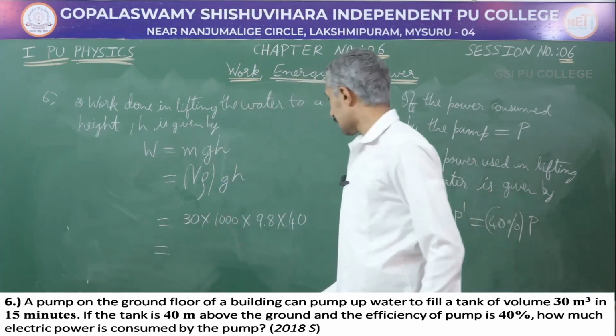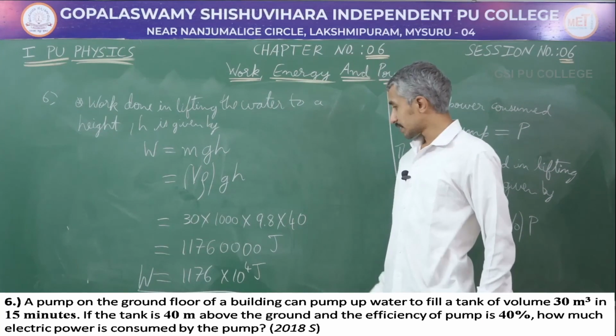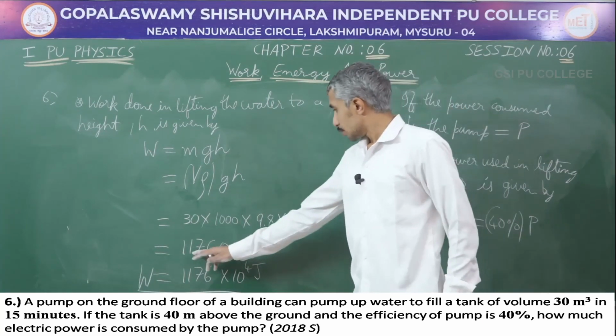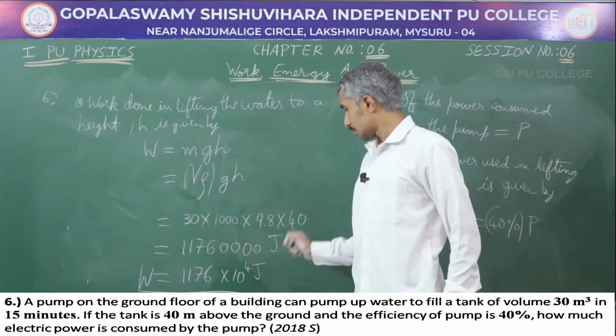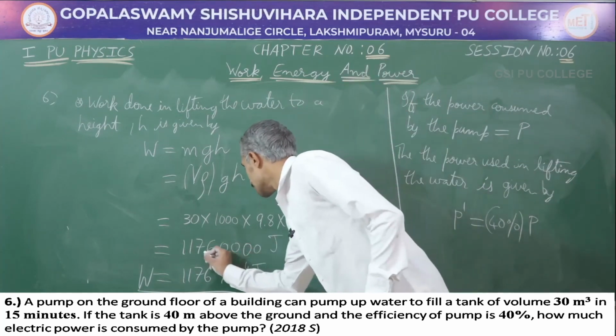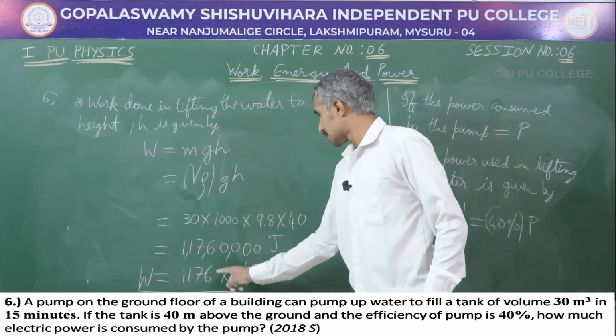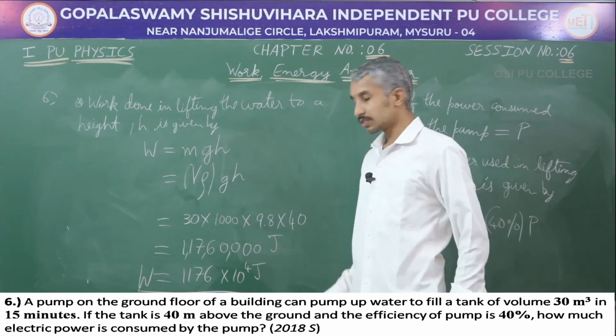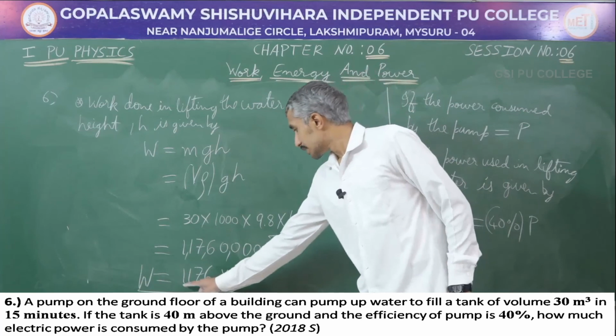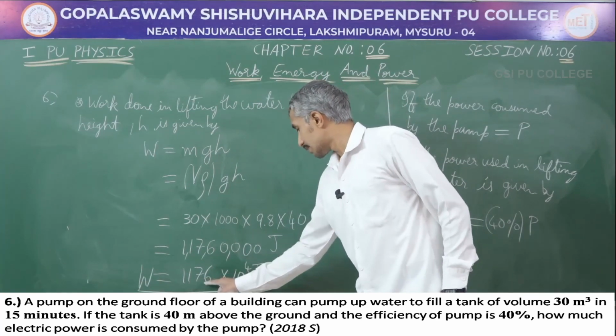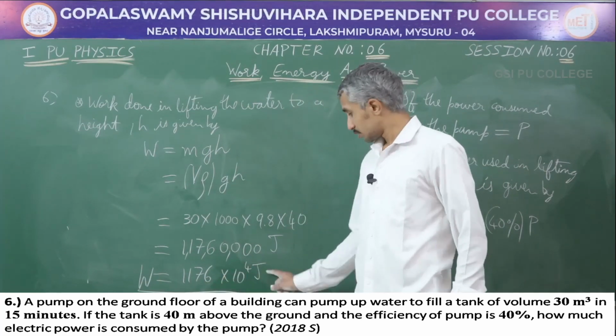On simplification, I will get the answer as 11760000 joules, which is 1,17,60,000 joules. We can write this as 1176 into 10 to the power of 4 joules.